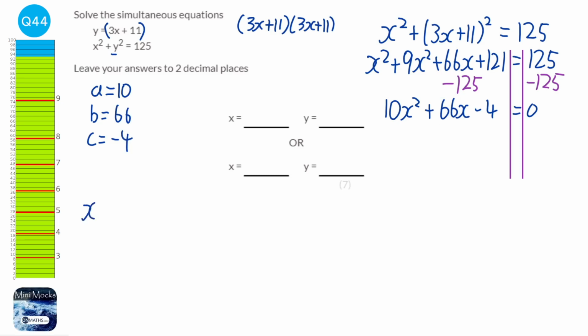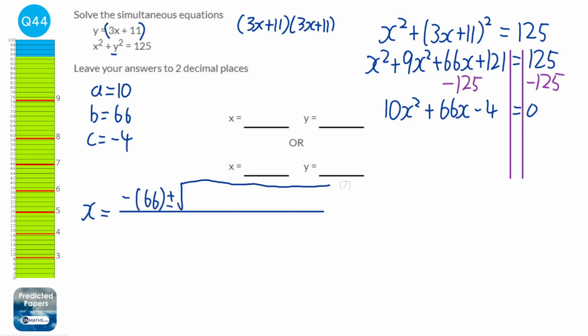The quadratic formula is minus b, and I always put the values we substitute into brackets, because if they're negative that really helps us, plus or minus the square root of b squared minus 4 times a times c, all of that over 2 times a.